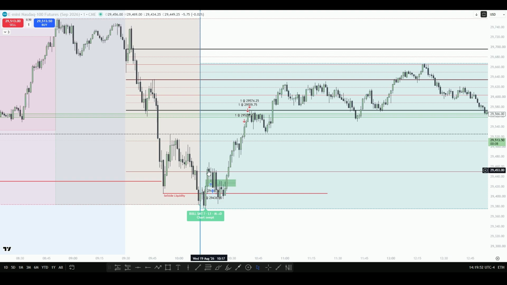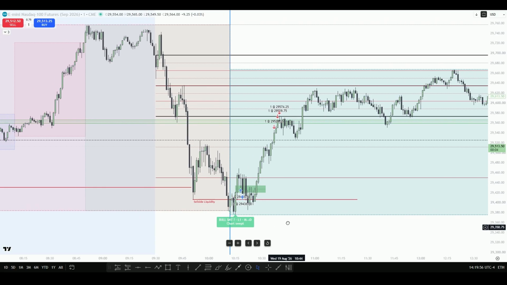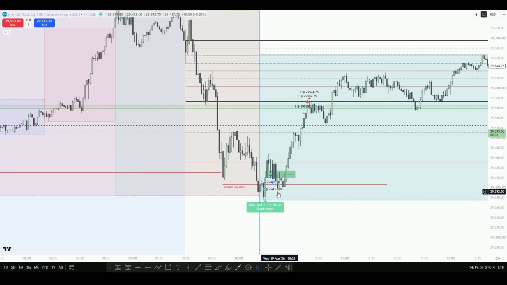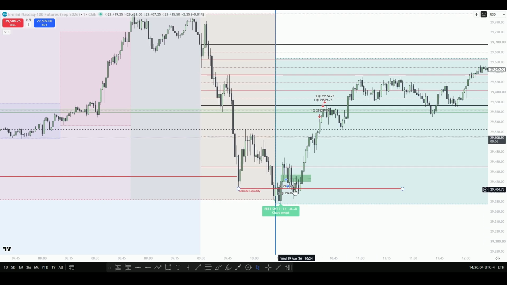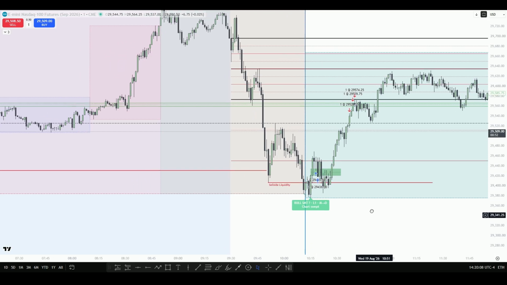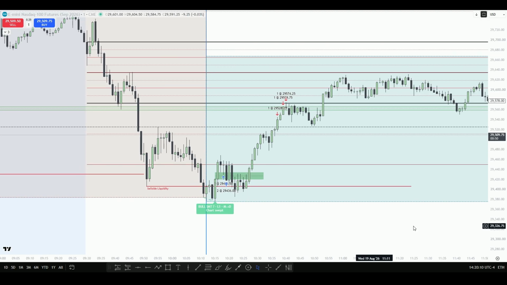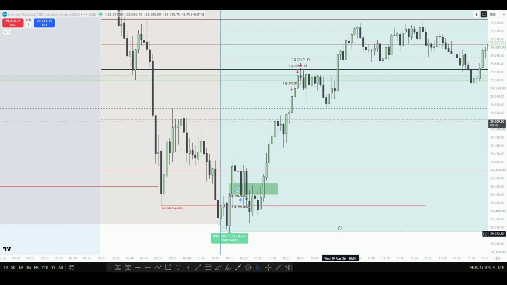So this market structure shift here for me is valid. Okay, it retraced here deeper than I wanted it to, but nevertheless it delivered beautifully and with speed. Okay, now let's talk about entry techniques.